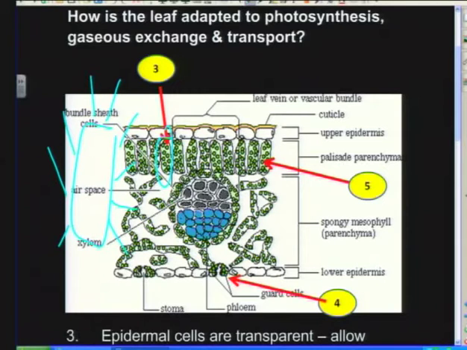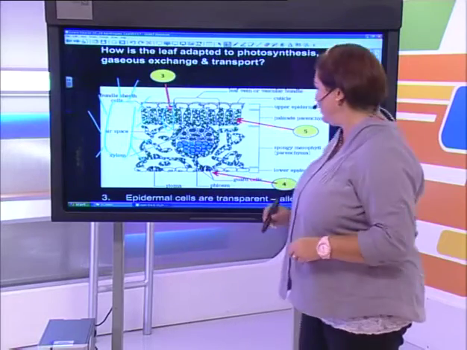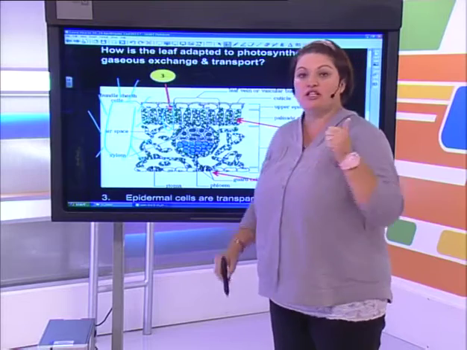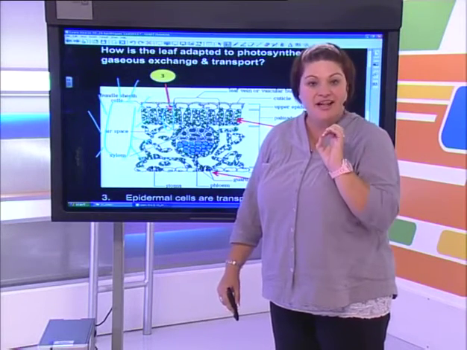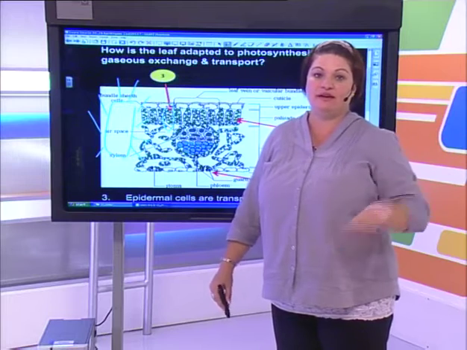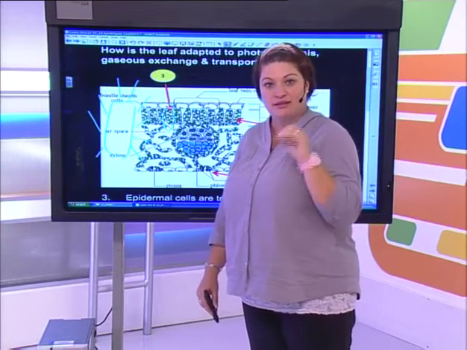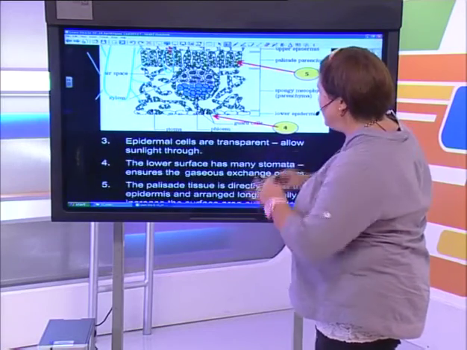And the more sunlight we've got, the more photosynthesis is occurring. Remember number 5 as well, what do we have? Lots and lots of chloroplasts. Chloroplasts are the organelles. Remember you did the cell at the beginning of the year? The organelles responsible for photosynthesis.